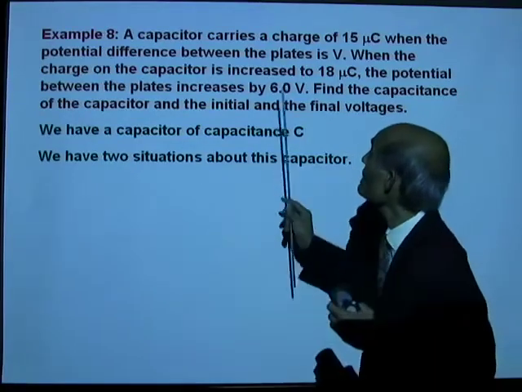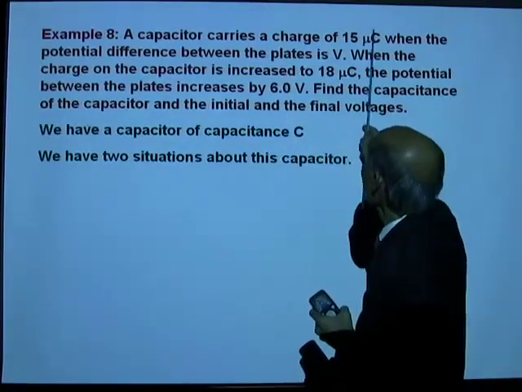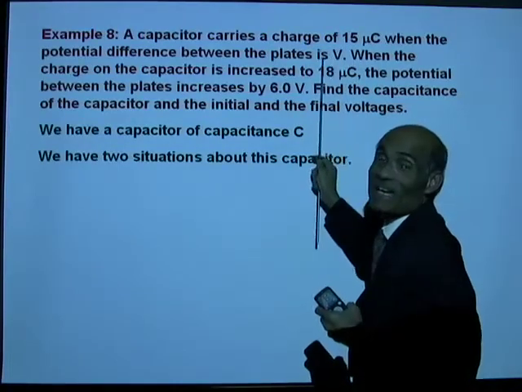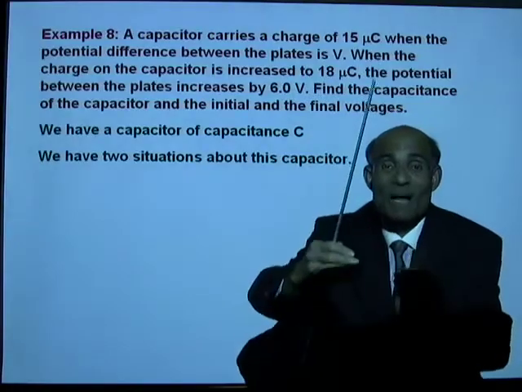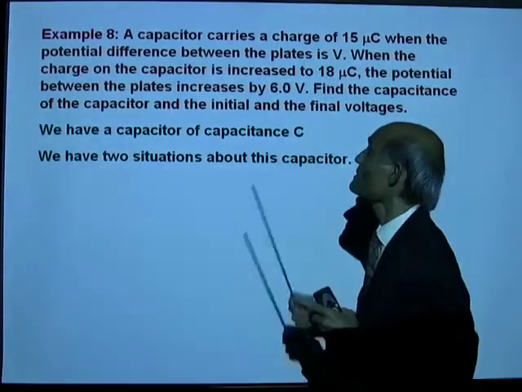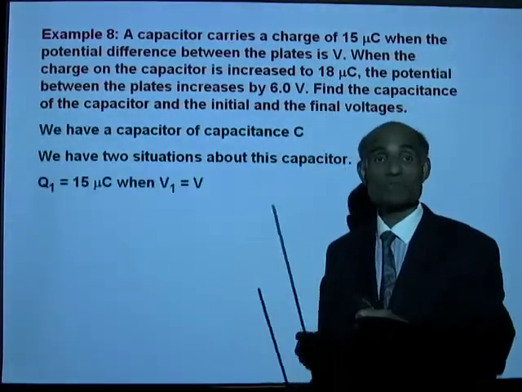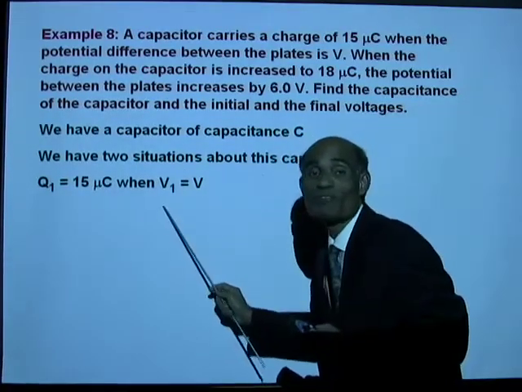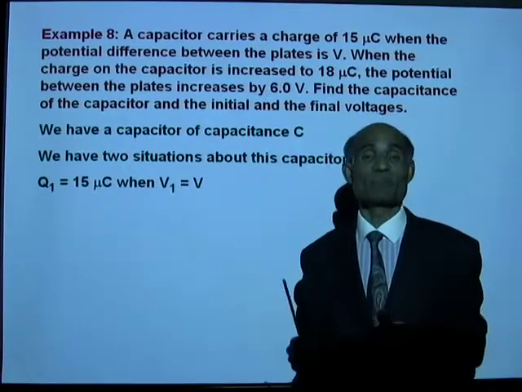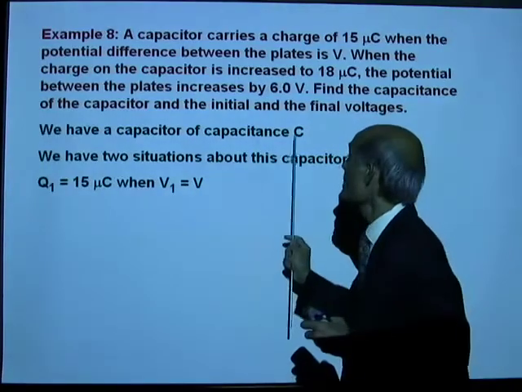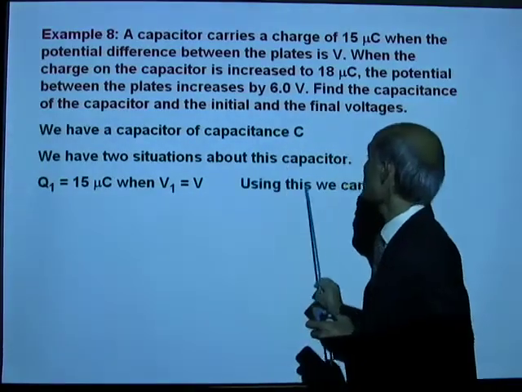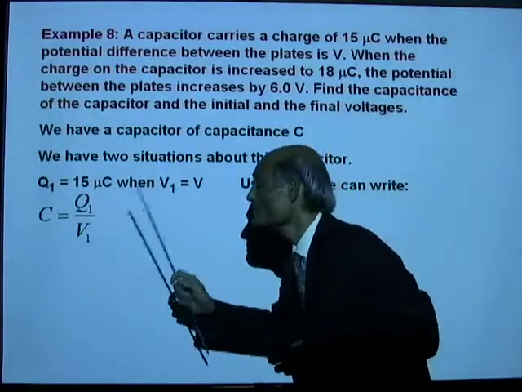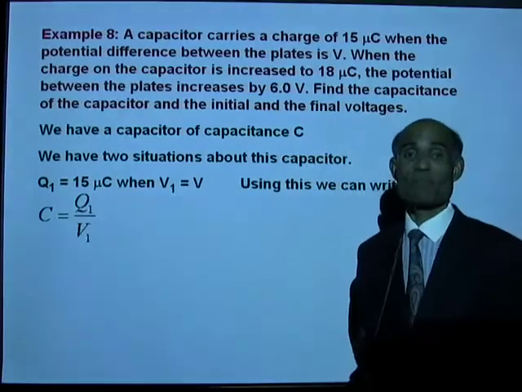The first situation is it carries a charge of 15 microcoulomb when connected across a supply, a battery of potential difference V. That's the first situation. Q1 equal to 15 microcoulomb when V1 equal to V. Therefore, we can write now C, the capacitance, equal to Q1 divided by V1.